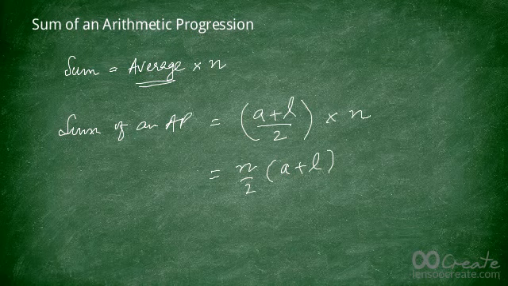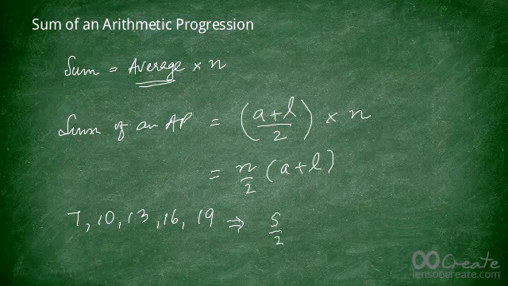For example, the question says, find the sum of the following arithmetic series: 7, 10, 13, 16, and 19. Since there are 5 terms here, to find the sum of the series, I will simply do 5 over 2 into a plus l, where a is 7 and l is 19.